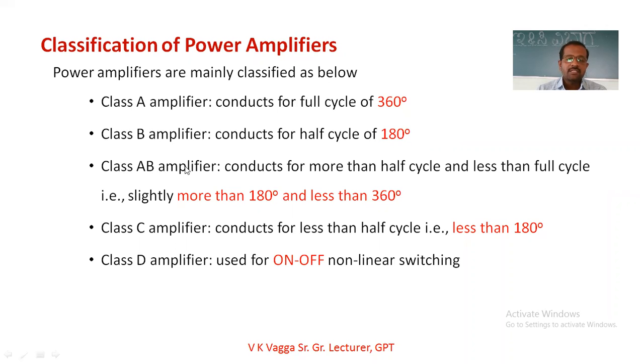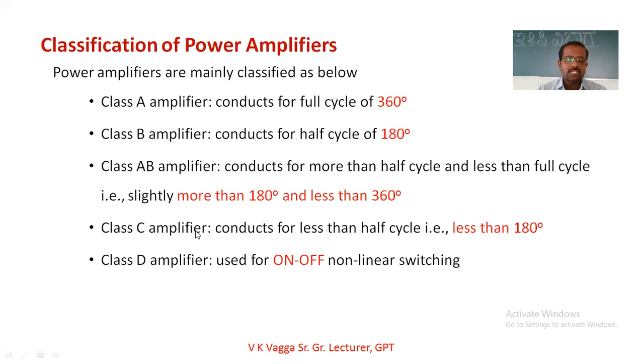If you take the class AB amplifier, it is in between A and B. In between A and B means it conducts more than the half cycle but less than the full cycle. So it is slightly more than 180 degrees and less than 360 degrees. If it operates between 180 and 360 degrees, it is called the class AB amplifier.